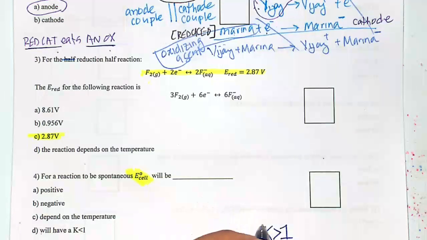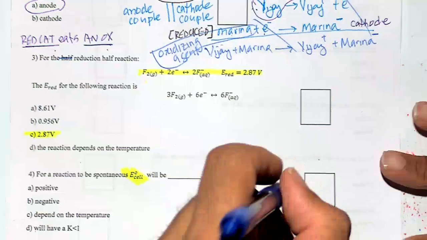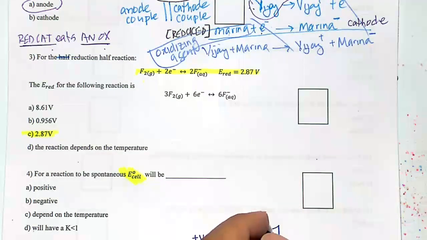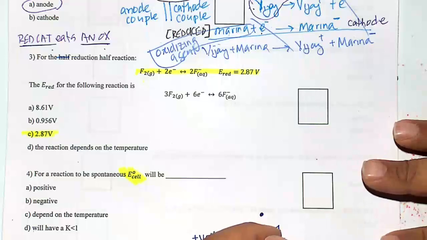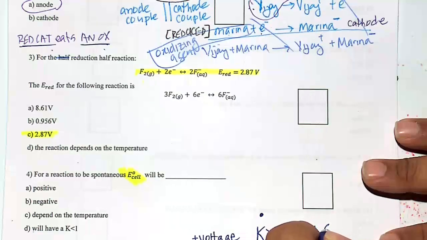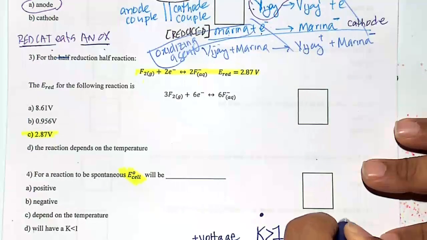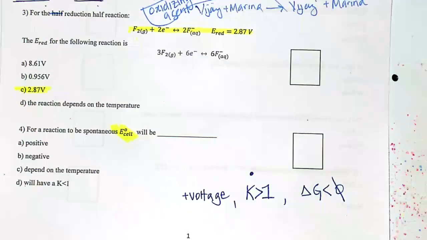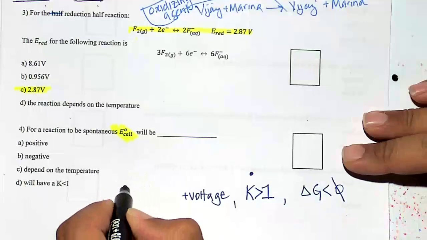Remember, this is products over reactants, no solids, no liquids. And then finally, delta G, Gibbs free energy, is going to be negative. All 3 of these must happen, and then we say they favor the products.